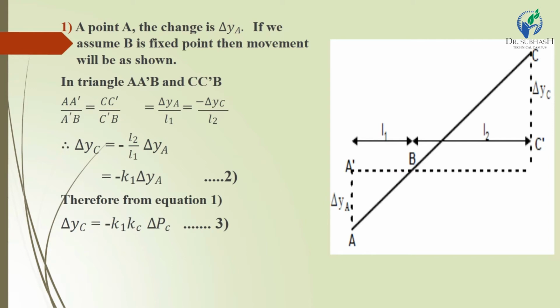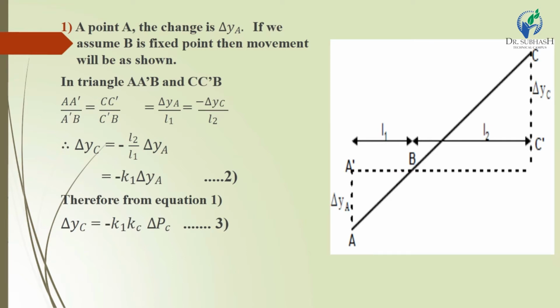In the speed governing system, here is the reference graph. In this graph, we mark the main points. At point A, the change is delta YA. If we assume point B is a fixed point, then the movement will be as shown. In the triangles A'B and C'B, we can write A' upon A'B is equal to C' upon C'B. So delta YA upon L1 is equal to minus delta YC upon L2.